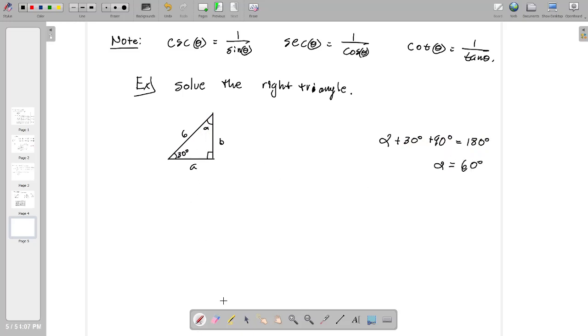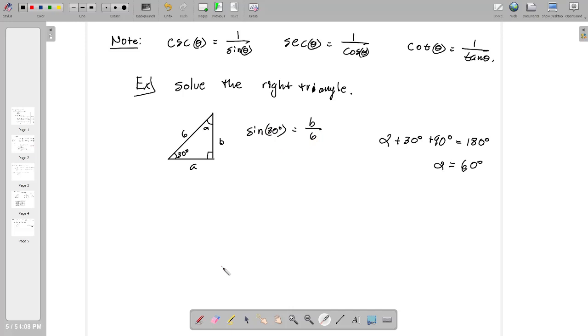So we know what alpha is, we're good there. We just need to figure out what A and B are. In order to find B, we just do sine of 30 degrees is equal to B divided by 6. We can do that because we know that sine of 30 is going to be the opposite over the hypotenuse.